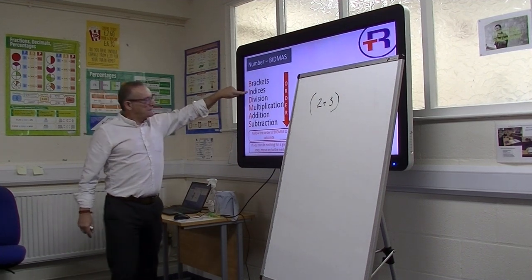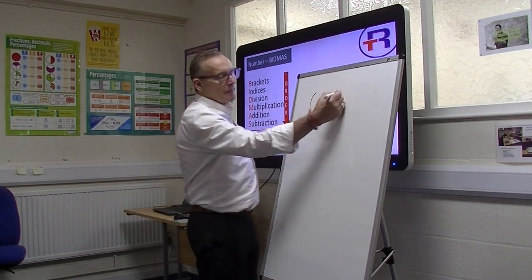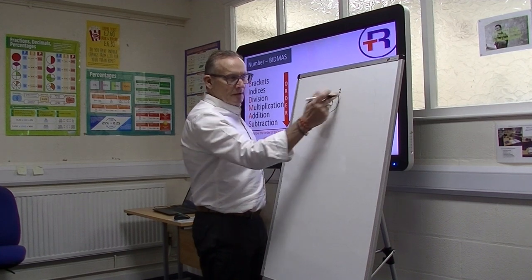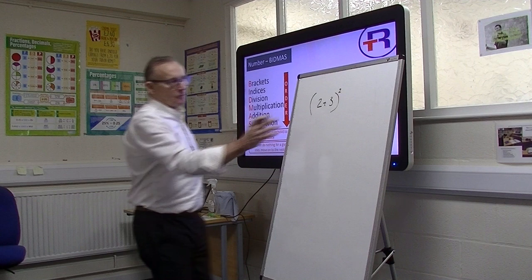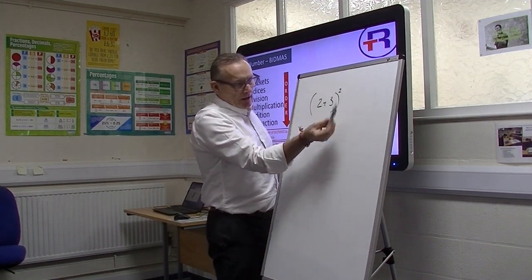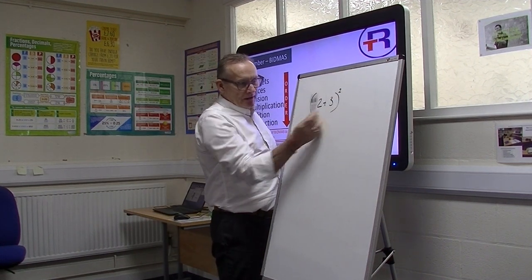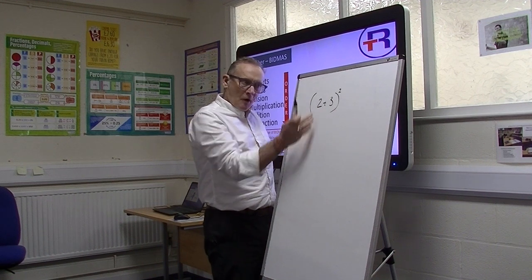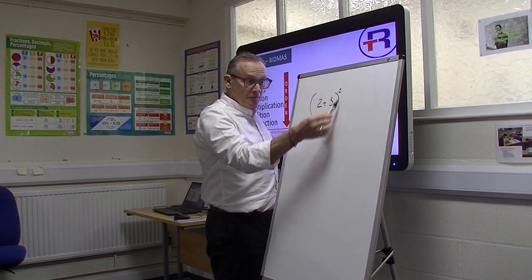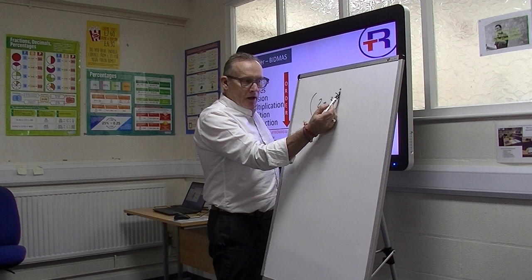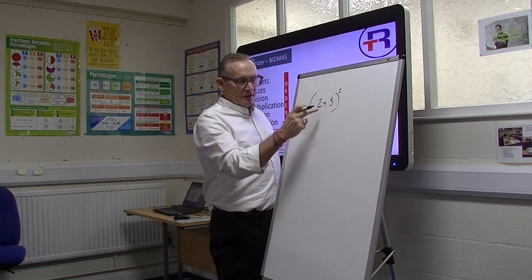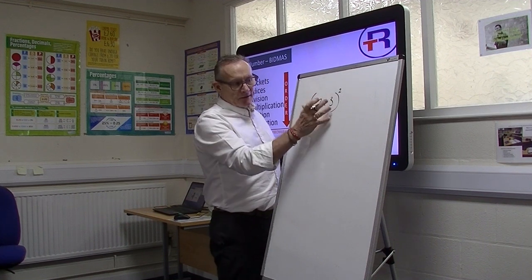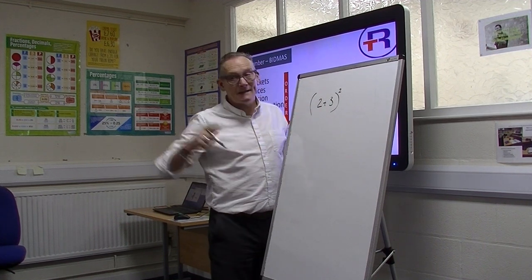The I stands for indices. The indices is like the little number 2 or the little number 3 that's somewhere in the sum. Now in this case, the little indices 2 is outside of the bracket. What that would mean is that you solve the bracket first and then you use the little indices 2. The indices 2 means that you times the answer to the bracket by itself.